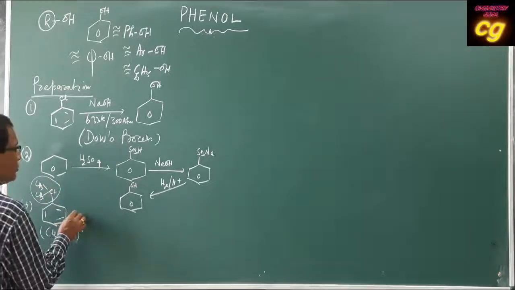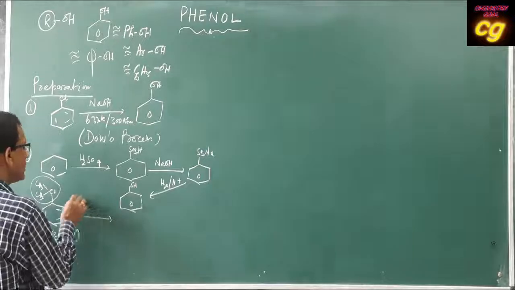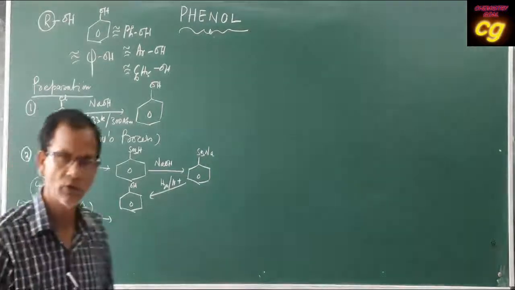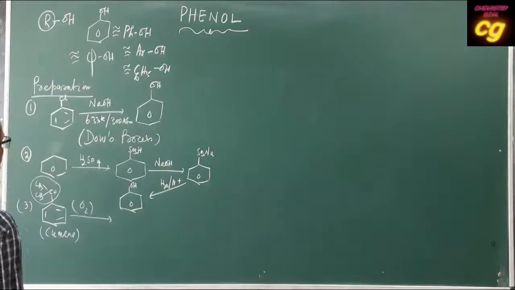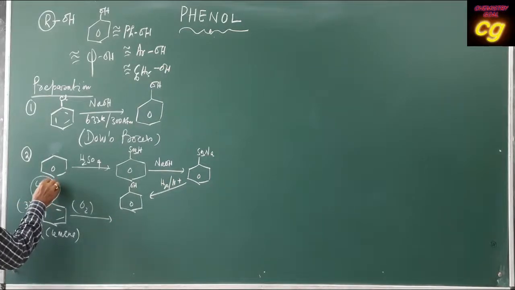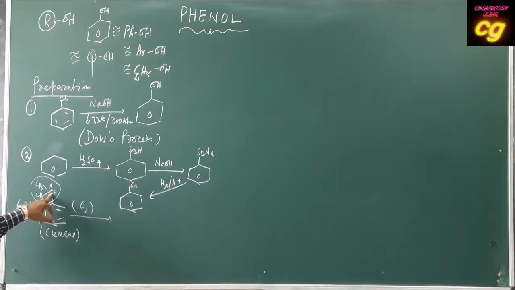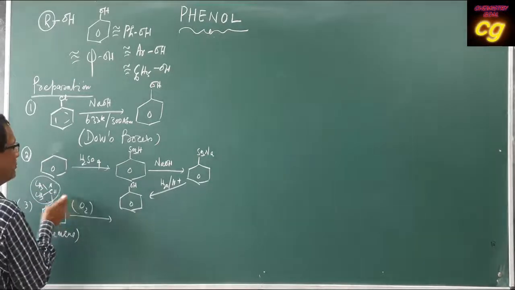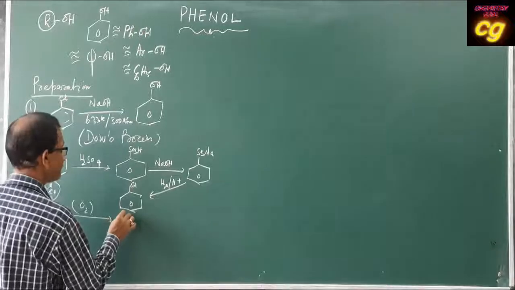When cumene undergoes radical oxidation, reacting with oxygen, it easily oxidizes because a very active hydrogen is present at this position, which is a tertiary carbon, so the product will be this.